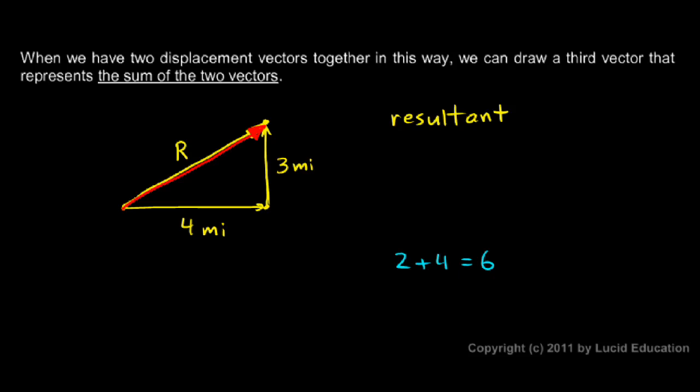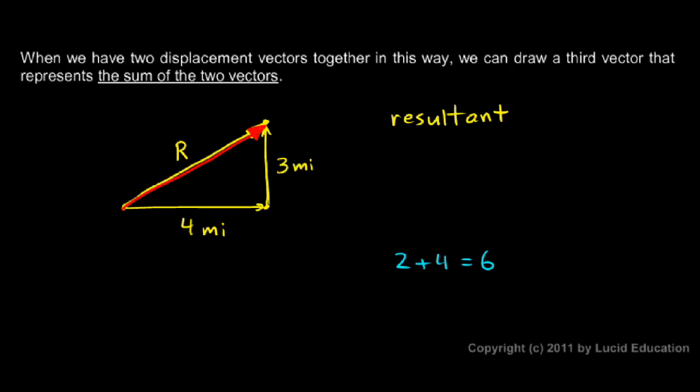In the same way, if you hike 4 miles east and then hike 3 miles north, the end result is that you're at this spot. The end result is the same as if you had hiked this distance in this direction. So the resultant vector by itself is equivalent to the original two.